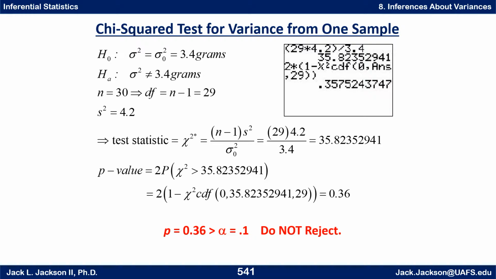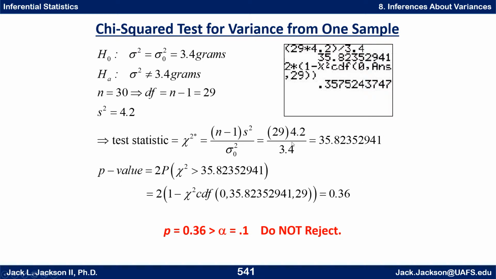Now, what do we want to do for a p-value? Well, notice that our s squared, our sample variance, is bigger than the hypothesized population variance. So what we do is we find the probability from that guy to the right, and then we're going to have to double it because it's a two-tailed test. So it's 2 times the probability that the chi-square would be greater than the one we got. So as always, the p-value is the probability of getting the statistic we got or something more extreme.